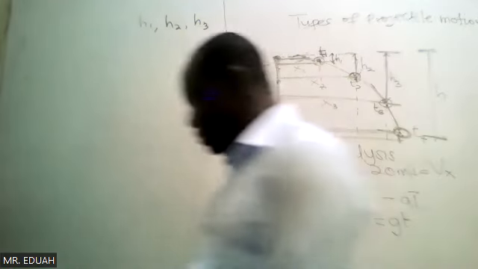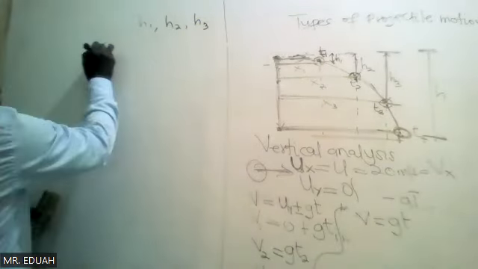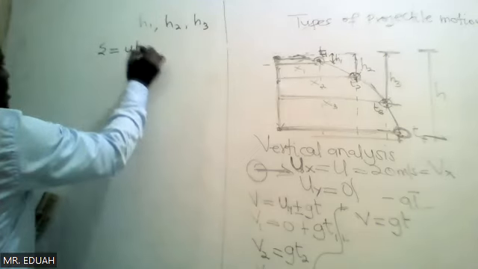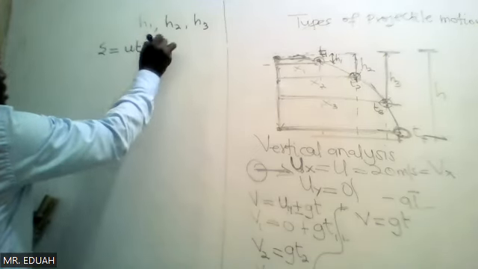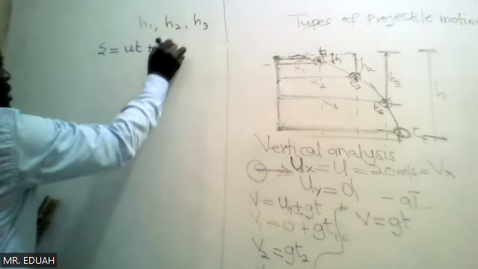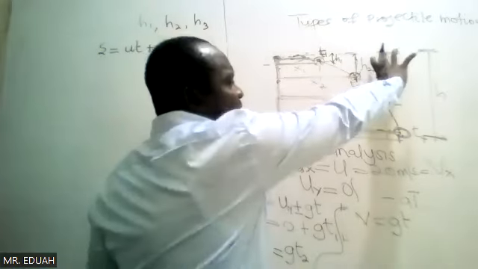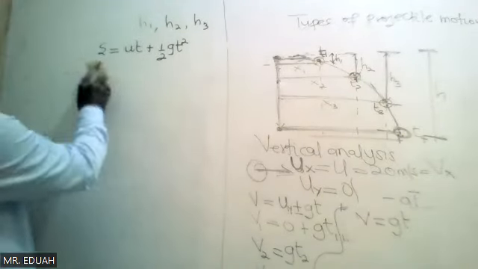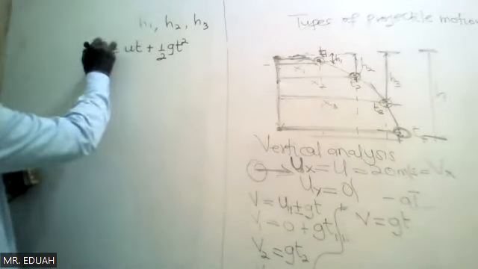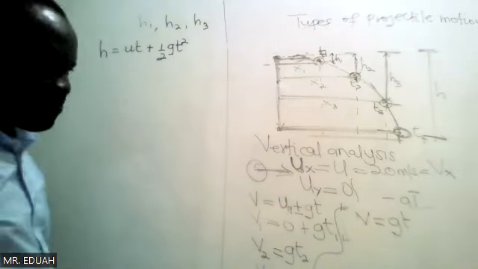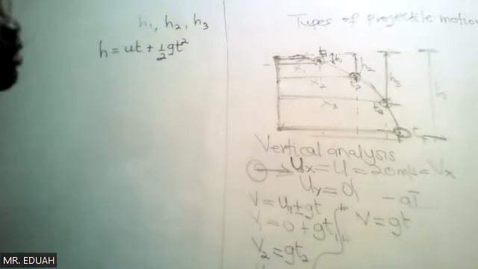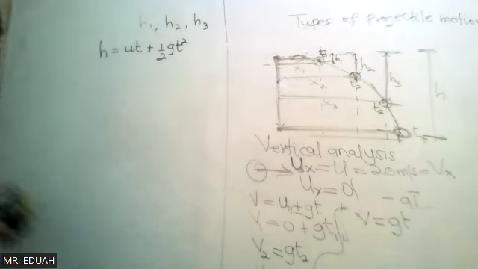S is equal to UT plus half AT squared, that is half gT squared. Here, because we are looking at the vertical displacement, represented by the letter H, we'll clear S and use H. So whenever I'm to determine vertical, it is H.